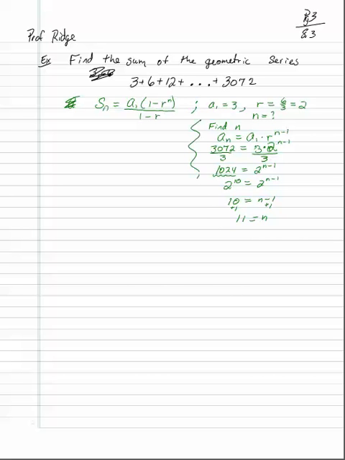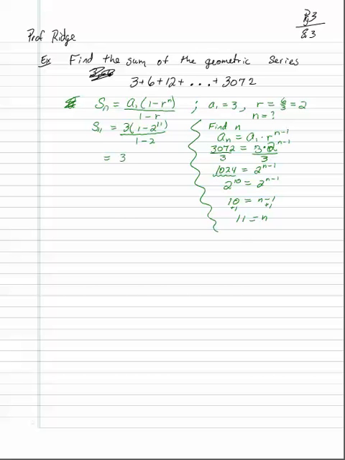Okay, so that's kind of side work there. Now we can find the answer to the question, which is, what's the sum of the series 3 plus 6 plus 12 up to 3072? So n is 11, a sub 1 is 3, 1 minus r is 2 minus... 1 minus 2.